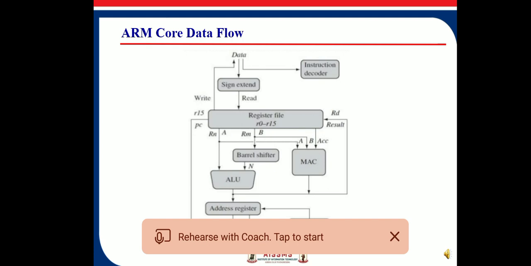Next one is the barrel shifter. The content of the Rm register alternatively can be pre-processed in the barrel shifter before applying it as an input to the ALU. A wide range of expressions and addresses can be calculated using the barrel shifter and ALU. Last one is the incrementer.